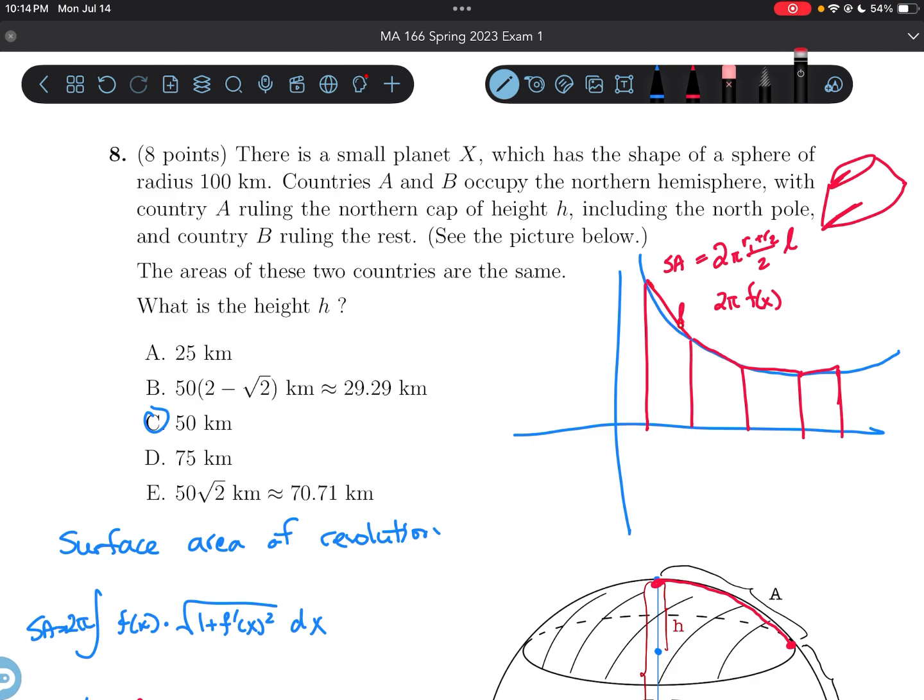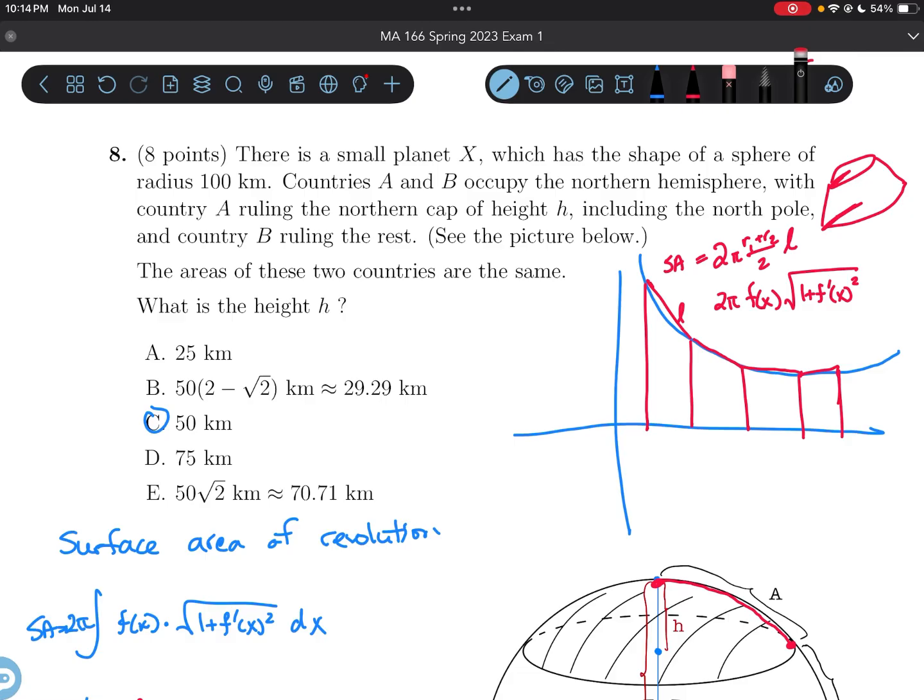And then the length can be approximated using the arc length formula, which is the square root of 1 plus f prime of x squared. And so that's how we get from the surface area of a frustum to the formula for surface area of revolution. That's not a super rigorous proof, but that is the intuition of where this formula comes from. But yeah, you should still memorize this formula because it's not easy to derive on the spot.